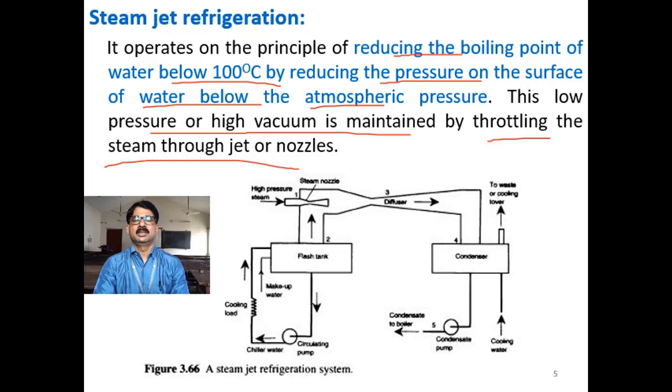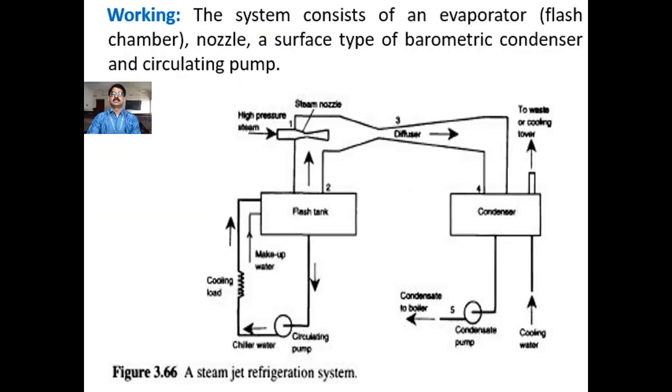You have to pass the steam through a nozzle, and thereby reduce the pressure or create high vacuum, so that water evaporates at a temperature lower than 100 degrees Celsius. The system consists of an evaporator or flash chamber, a nozzle, a surface type barometric condenser, and some circulating pumps.